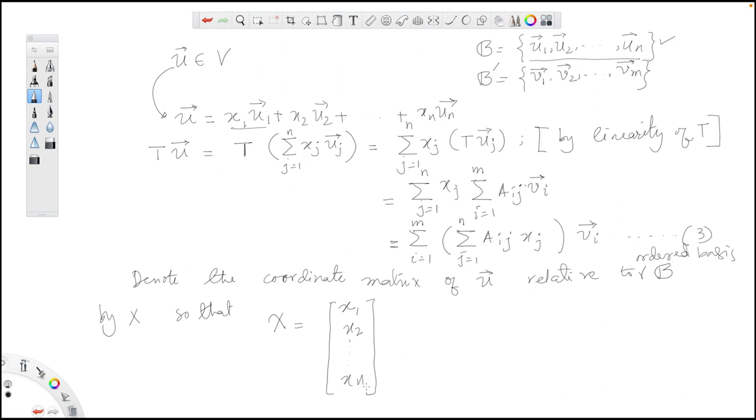So in our notation, x is going to be the coordinate matrix of u relative to the ordered basis B.